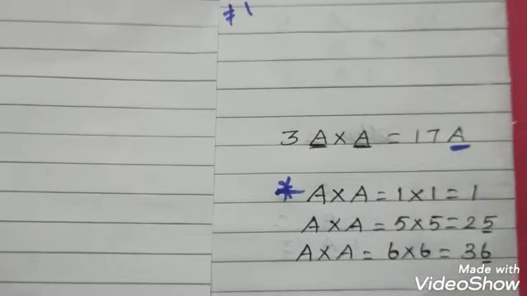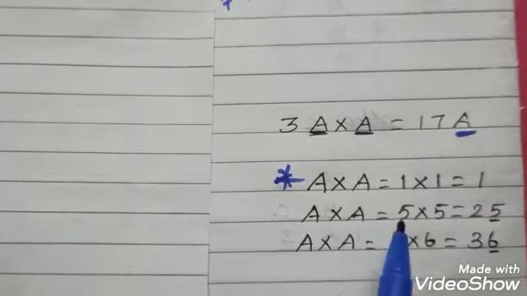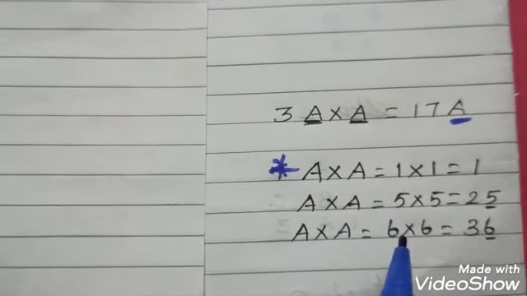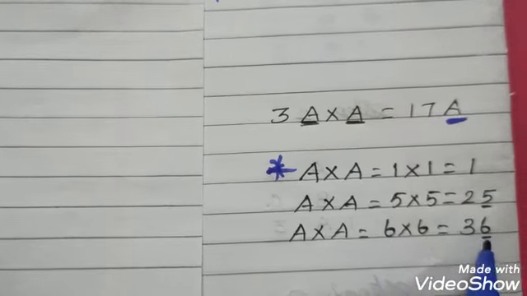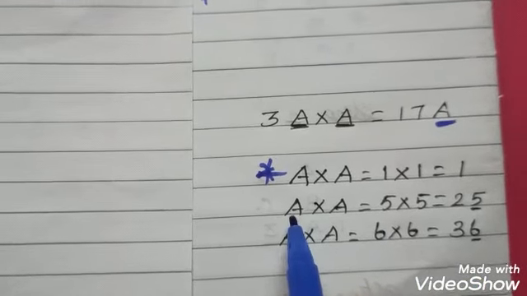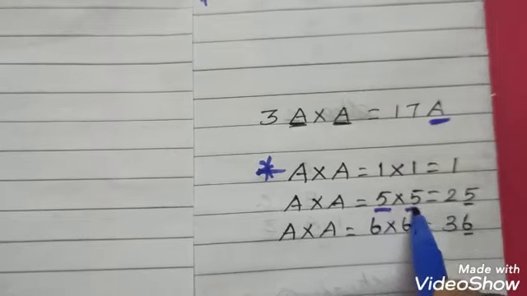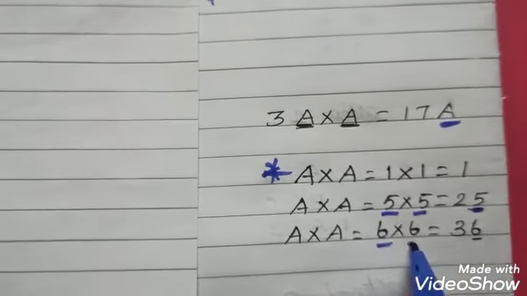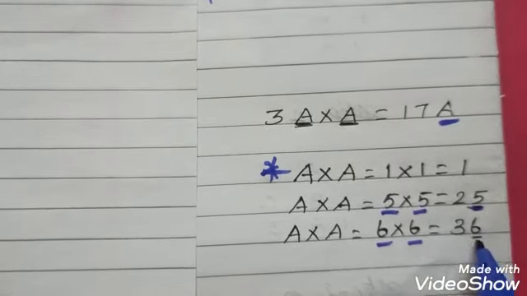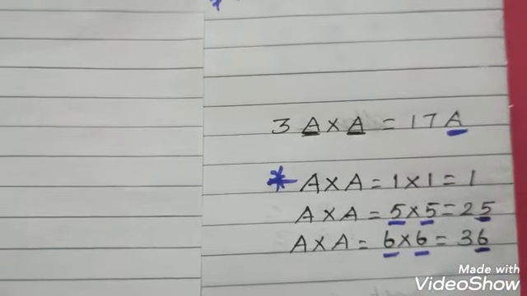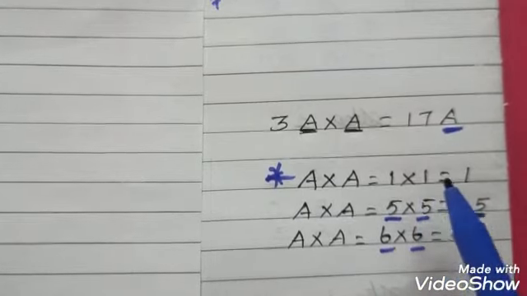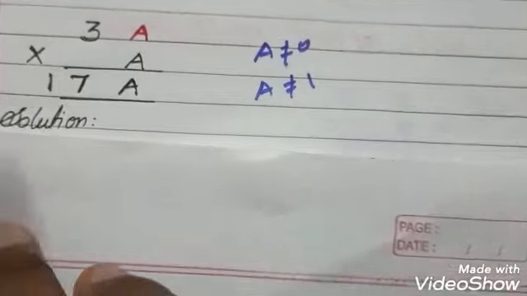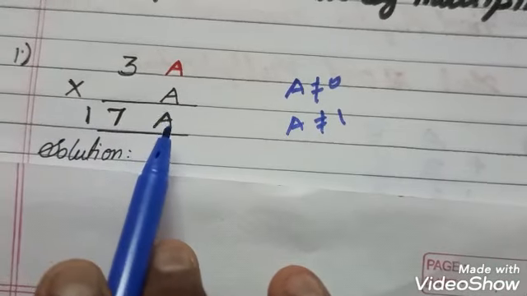The options are 5 into 5 which is equal to 25, and 6 into 6 equal to 36. Here A into A, that is 5 into 5, gives A in the unit digit, and 6 into 6 gives unit digit 6. You need not take 1 because in your question itself they have already given 1.